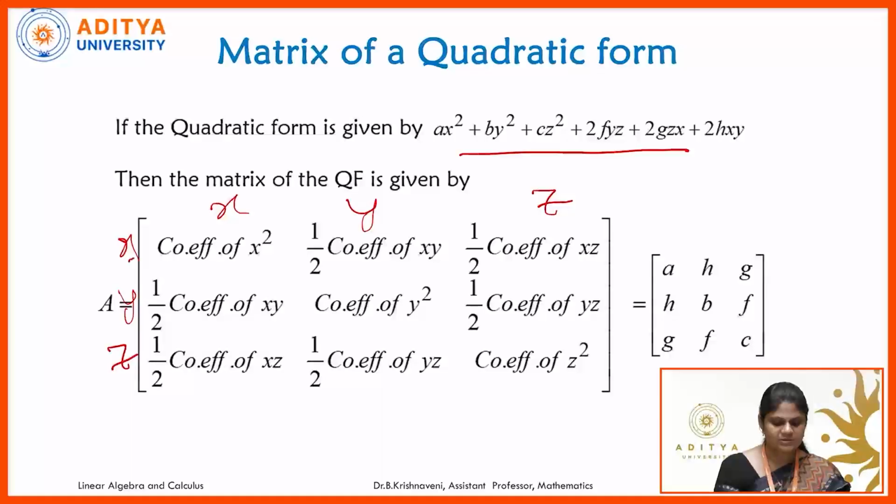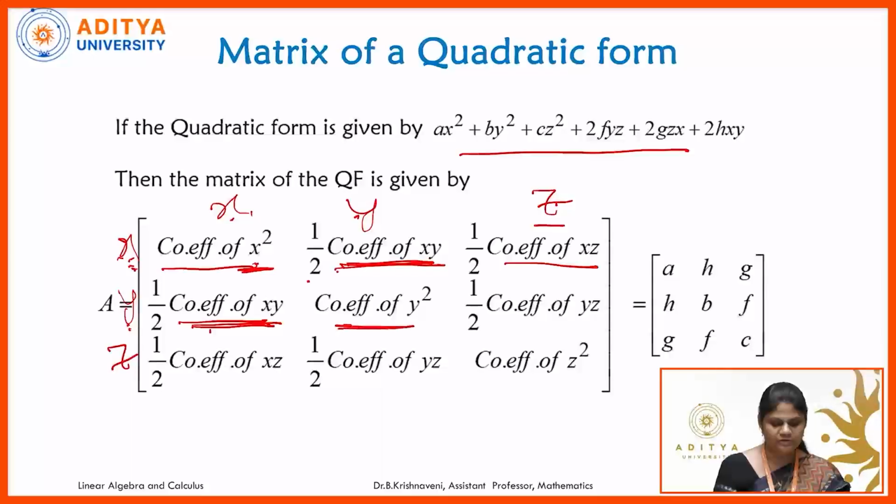Now x into x represents x square, so this term gives the coefficient of x square. This term is x into y, which is the coefficient of xy, and this x into z, the coefficient of xz. Thereafter, y into x again gives the coefficient of xy. So we get the coefficient of xy two times, that is why we divide the coefficient by 2.